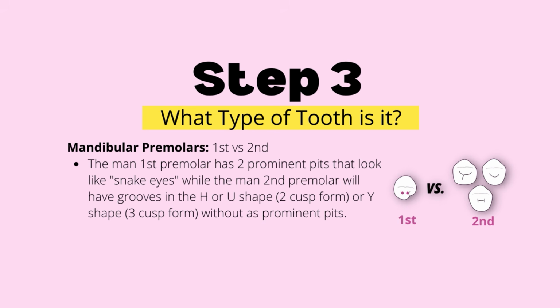In the mandibular second premolar 2 cusp form, the grooves will make an H or U shape. In the mandibular second premolar 3 cusp form, it's going to make a Y shape. 2 prominent pits, snake eyes, mandibular first premolar. Not as prominent pits, grooves with a few different options of groove patterns, mandibular second premolar.